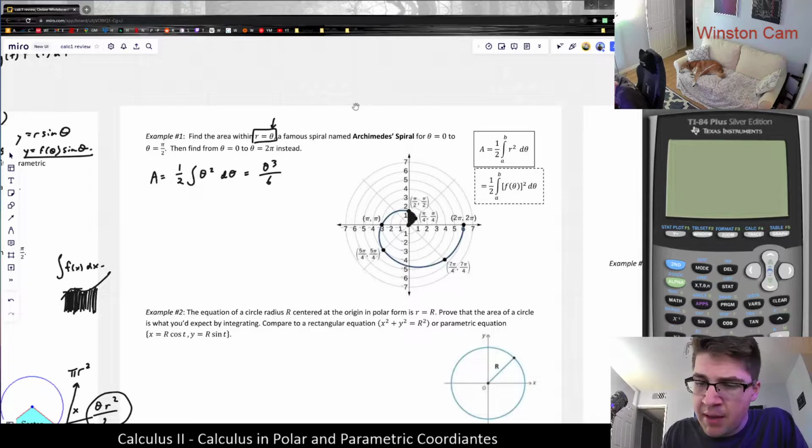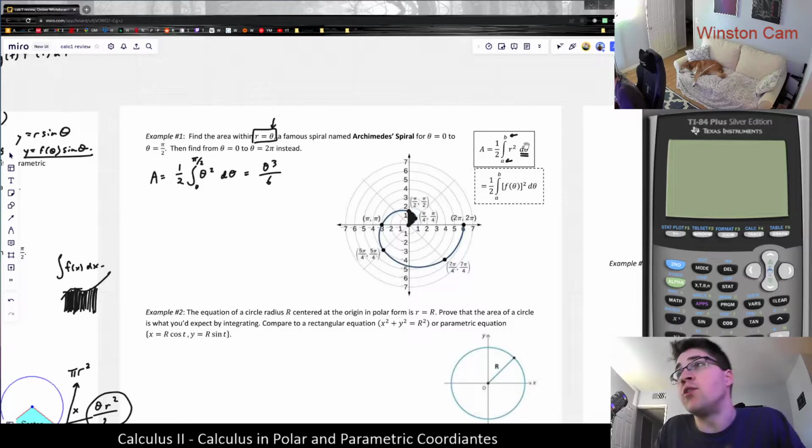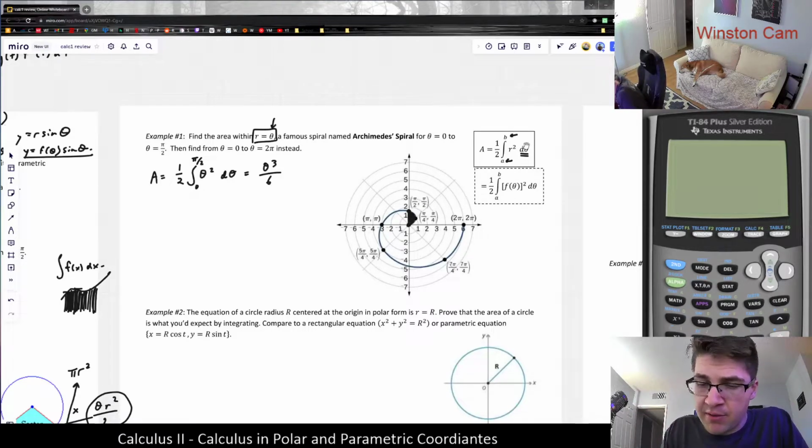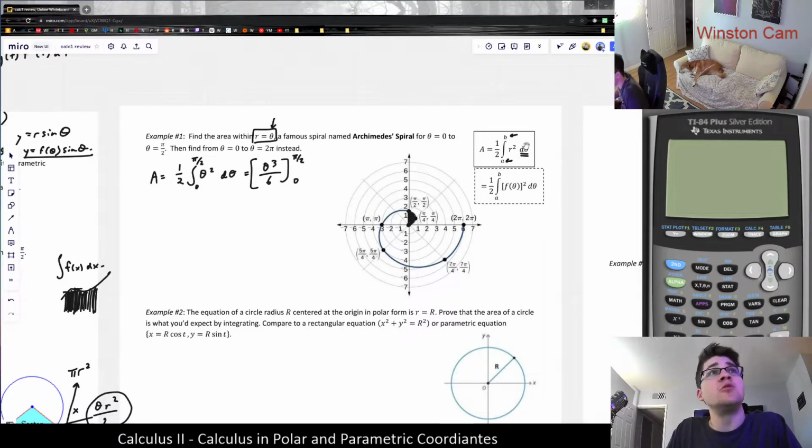Since we're integrating from 0 to pi over 2, the boundaries on a polar curve, since our differential is theta, also need to be in theta. Everything needs to be theta in order to solve this integral. We plug pi over 2 and 0 into our antiderivative to find the area of this region.